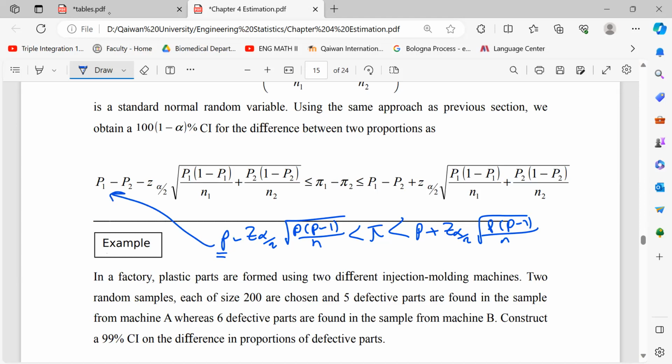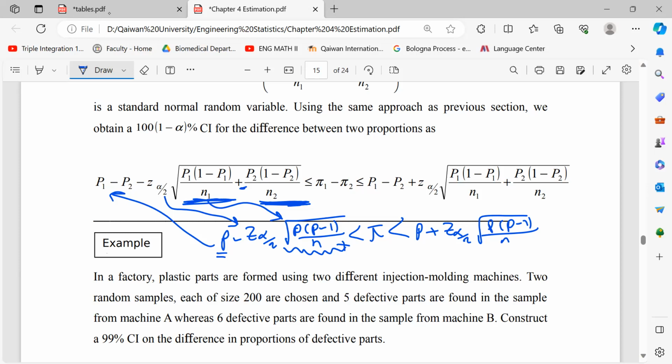And here we have Z alpha over 2. It's still the same. In the square root, for one population, you have P times (1 minus P) over N. In that case, we have one N, one P. But what if we have two N and two P? We add the second one. For the first one, it's the same, adding the second one. If we have two populations, we have this plus the same for P2. That's the left-hand side. For the right-hand side, it's the same.